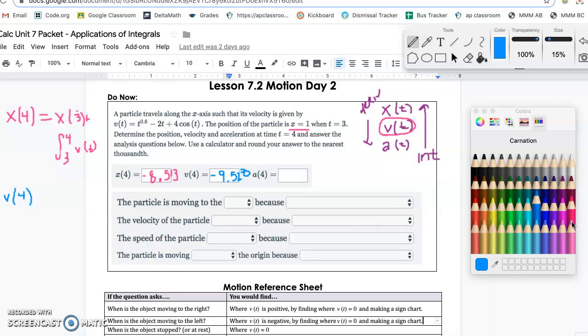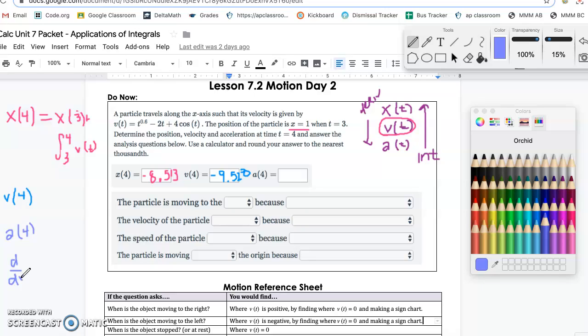And for the last one, I have acceleration. Acceleration is below velocity, so I'm taking the derivative, because it's the rate velocity is changing. So I'm saying a of 4, and what I'm plugging into my calculator is I'm using that math 8 for that d dx.